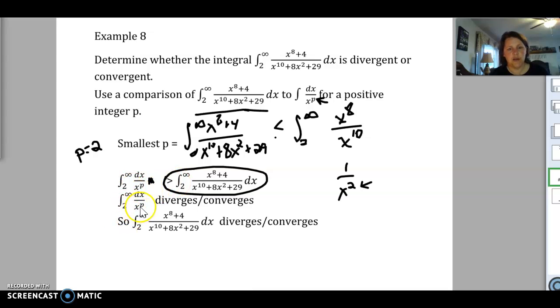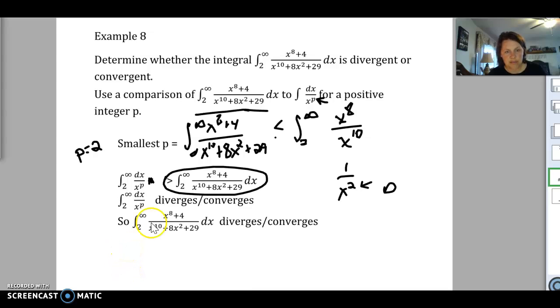Also, it wants to know what happens to this function right here. Does it converge or does it diverge, as we are going to a very, very large number? So our interval is between 2 and infinity. So what happens when I plug in 1 million? This is going to be getting closer and closer to 0.